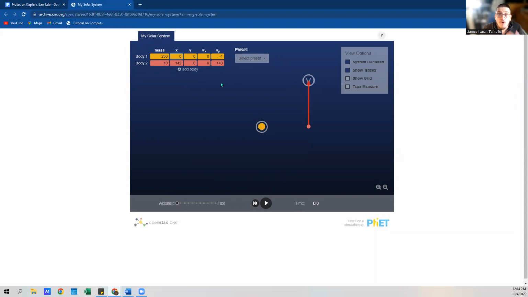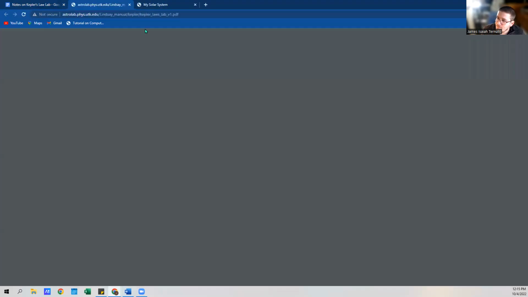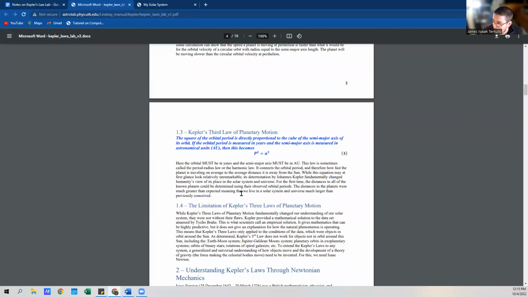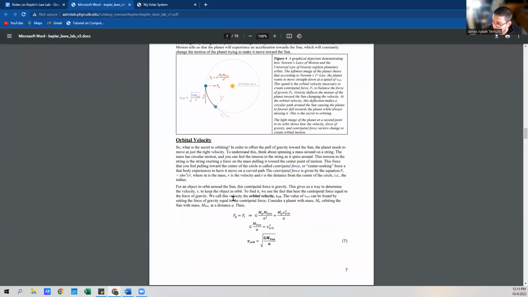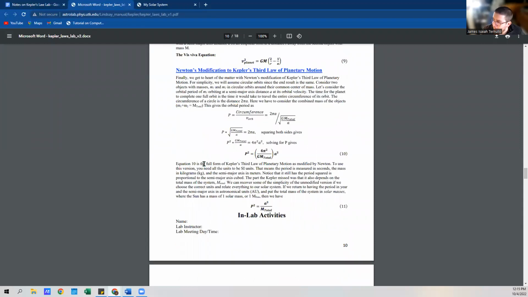But we're following the instructions in the lab manual, and the instructions in the lab manual, go ahead and pull that up, tell us that for this specific activity, being the first activity, we want to set these certain parameters to be certain things.